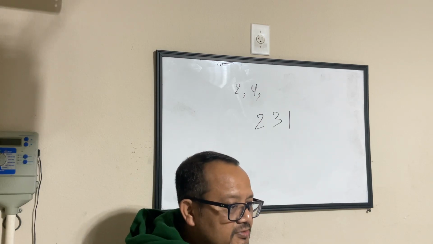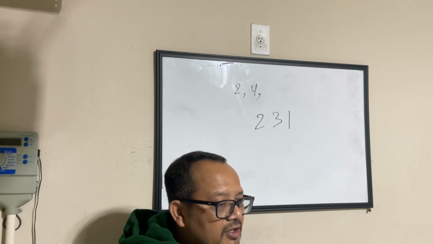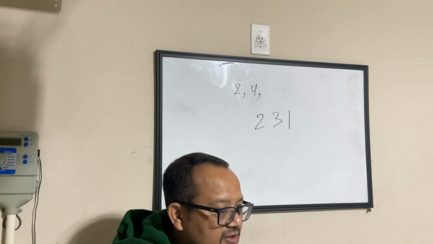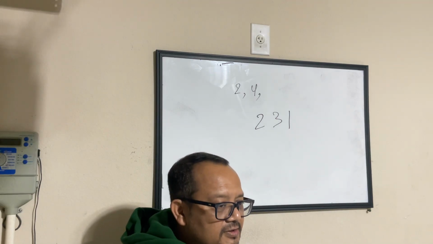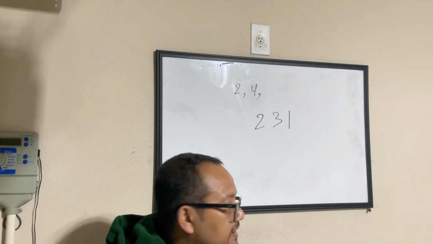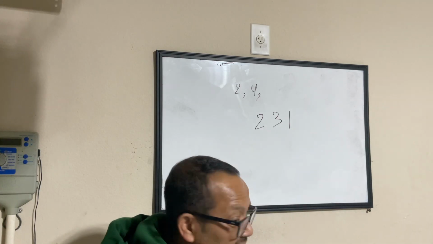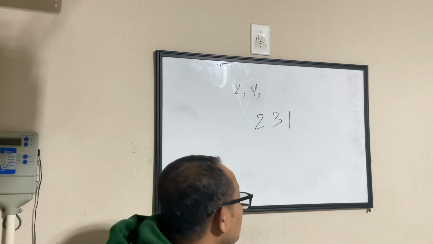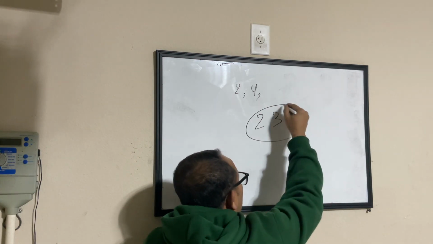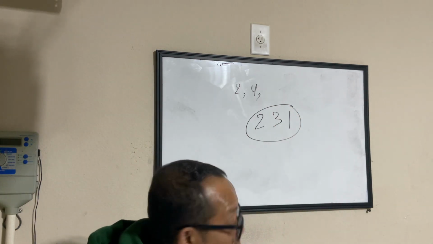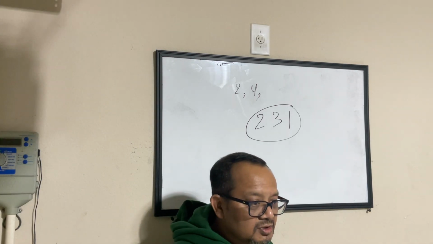No, I'm asking a question: if I have 231, can I divide this perfectly by 2?